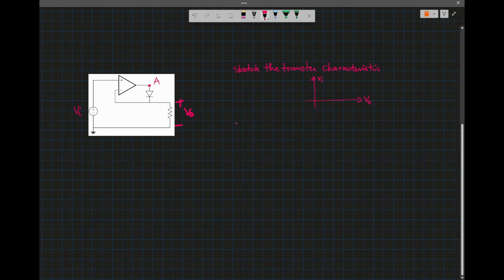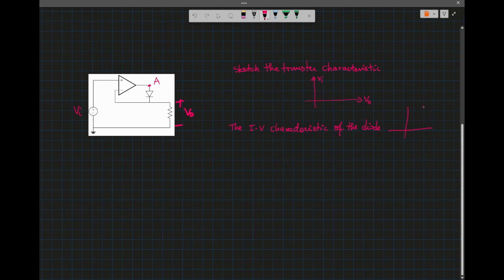So for the diode, the IV characteristic of the diode looks like this.